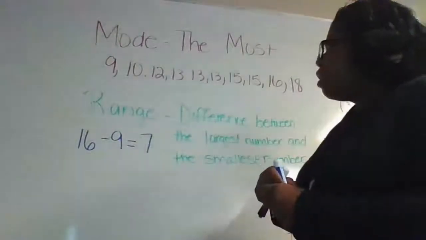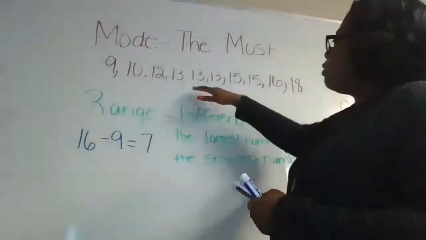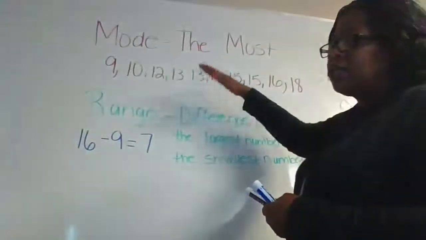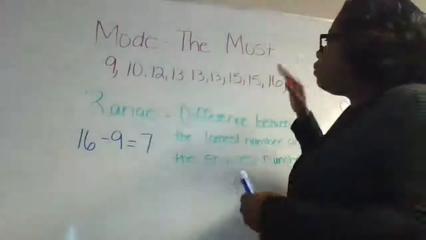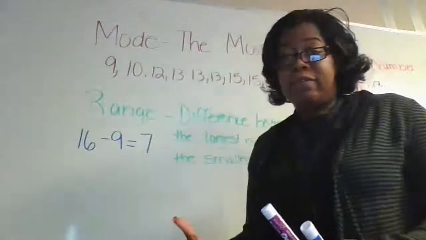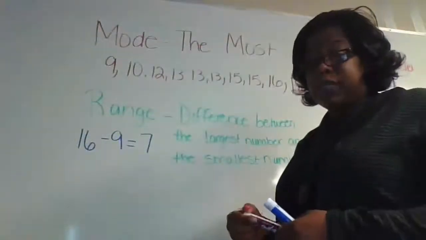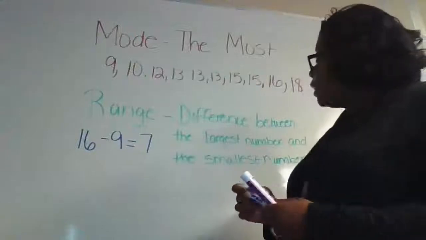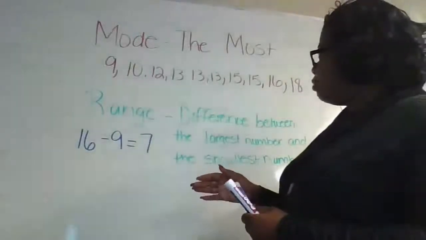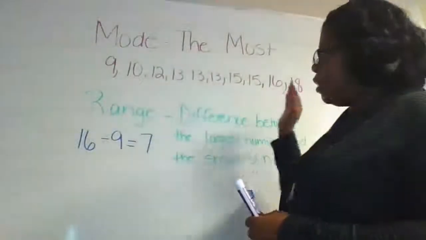Now, I talked about when we have an odd amount of numbers. Remember the 13, we simply underlined it because we knew that was the median, and then we put parentheses around all of the other numbers that we had left over to work with. Well, we're still going to put parentheses around the numbers, but this time, since it's 10 numbers, we're going to count 5 and 5.